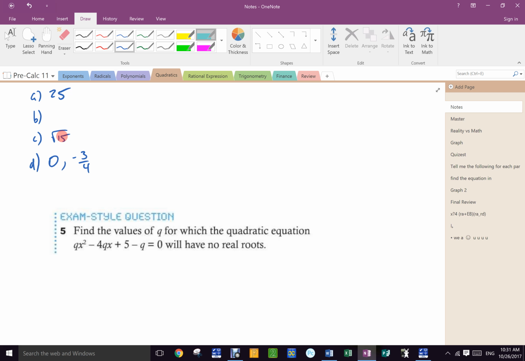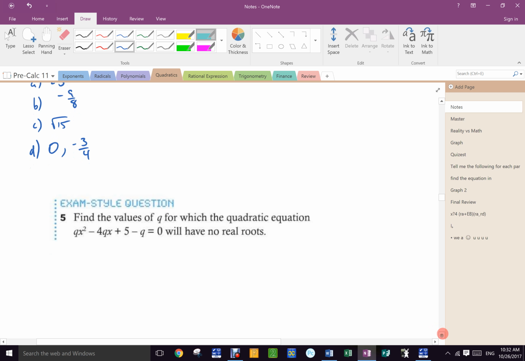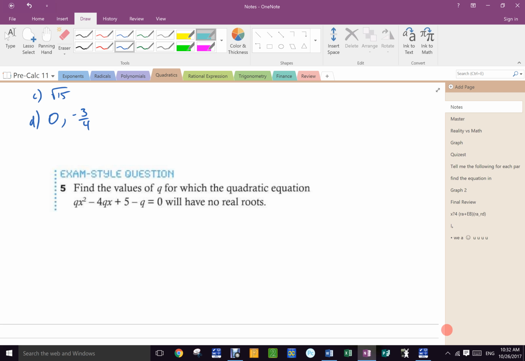B is 9. 3 squared is 9. Plus 4 times 2 times k to equal 0. So 9 plus 8k equals 0. 8k equals negative 9. Yeah, negative 9 over 8. Those are those answers.